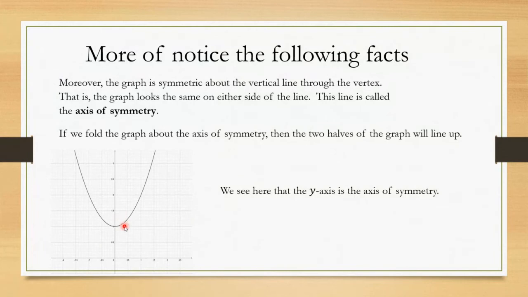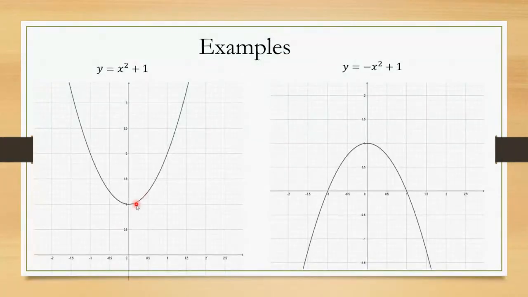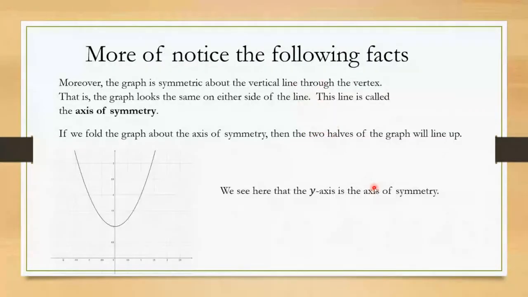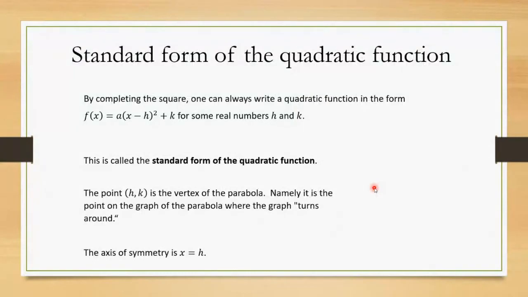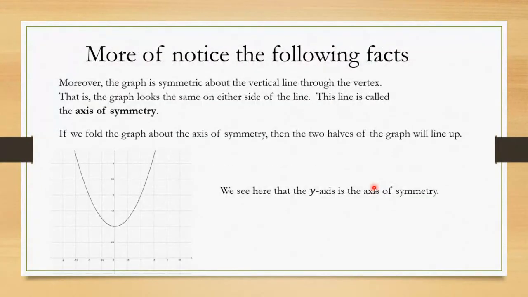In these two cases, this is the vertex here, and the y-axis passes through it. That's the vertical line through it. Here, the vertex is also on the y-axis, and the y-axis is the vertical line through it, as you can see. So that's what the axis of symmetry is.